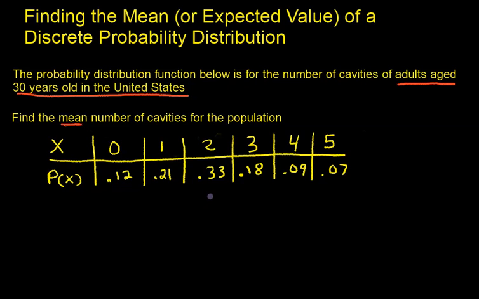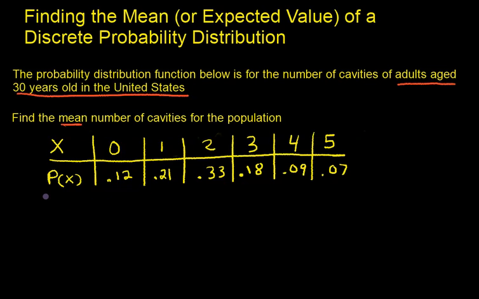On average, how many cavities would you expect for a sample? If you had a sample coming from this population, what would you expect the average to be? That's what the expected value is.